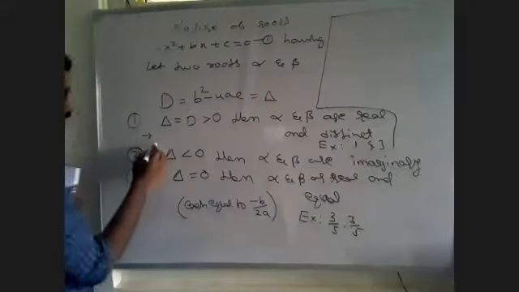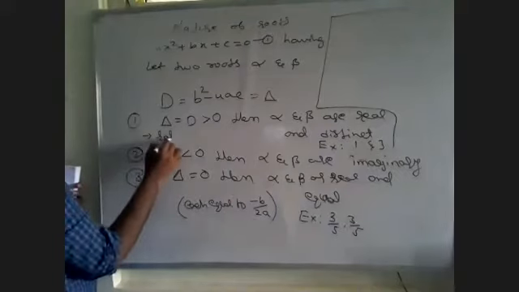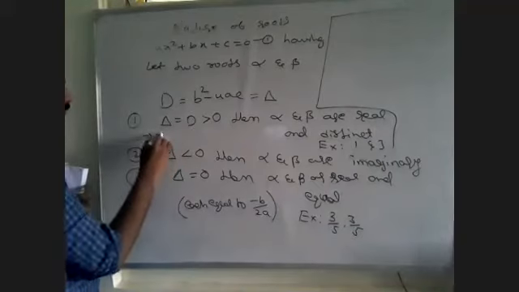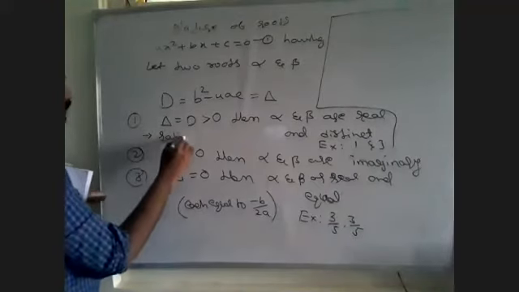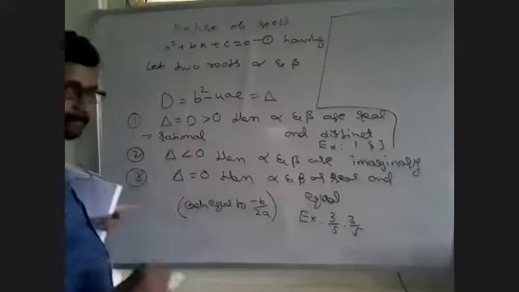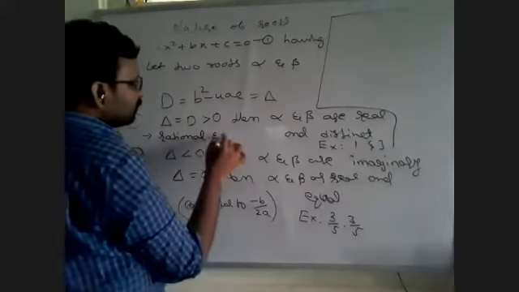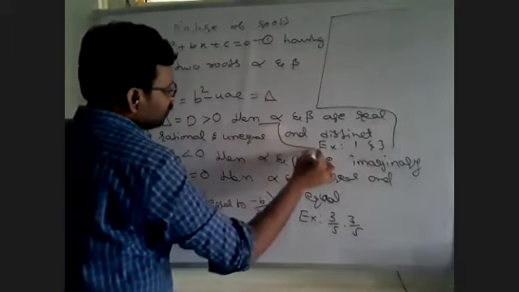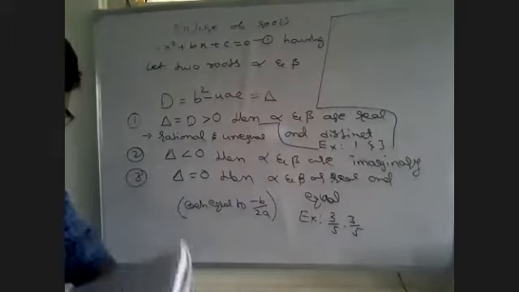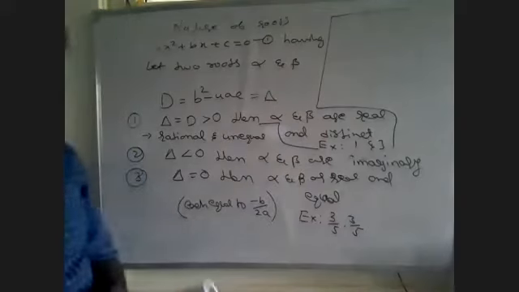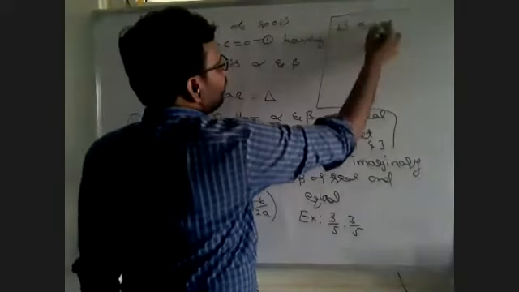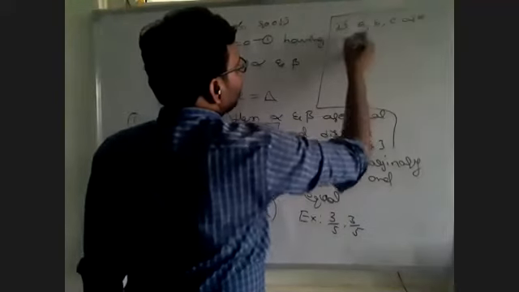First case I am writing here: rational and unequal, if A, B, C are rational.